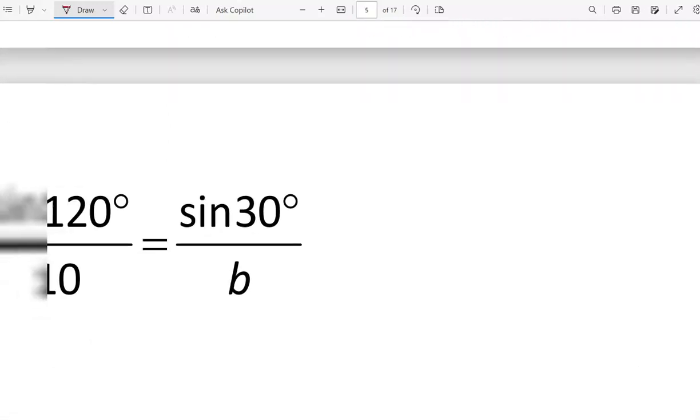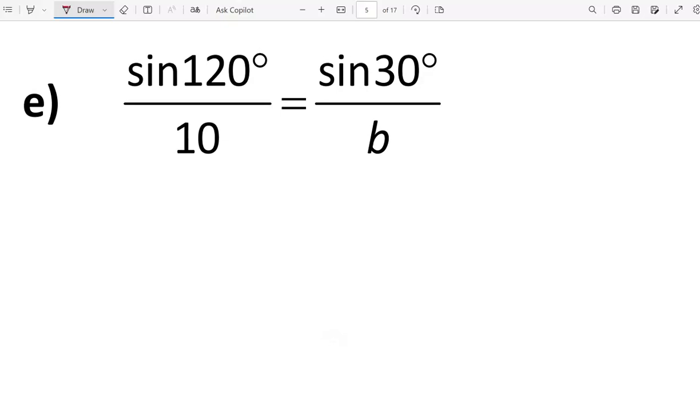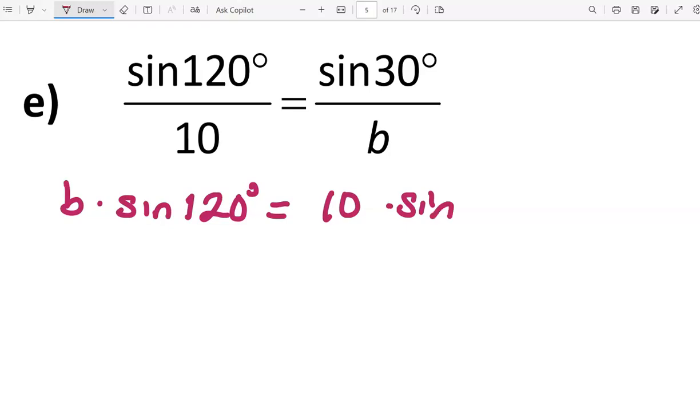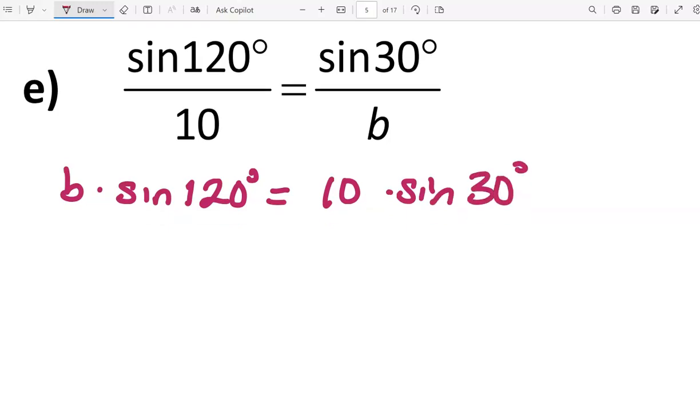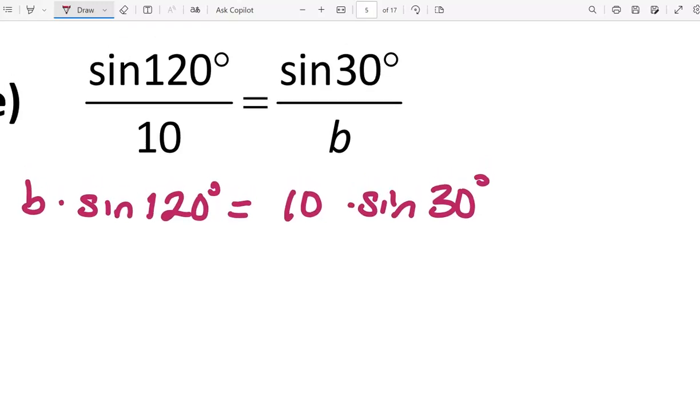All right, let's check out some others as well. Sine of 120 divided by 10 equals sine of 30 divided by b. Again, we can cross multiply. So b times the sine of 120 degrees is equal to 10 times the sine of 30 degrees. And I'm going to need to make a sketch for 120 degrees.